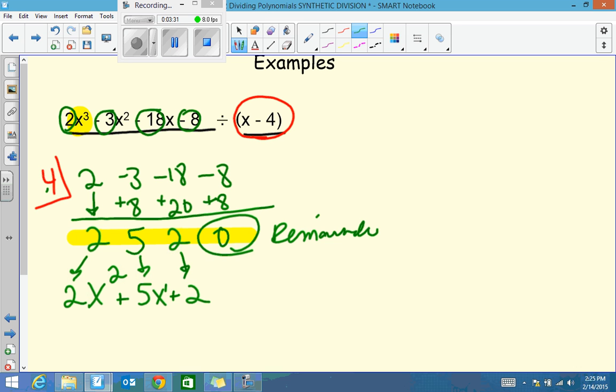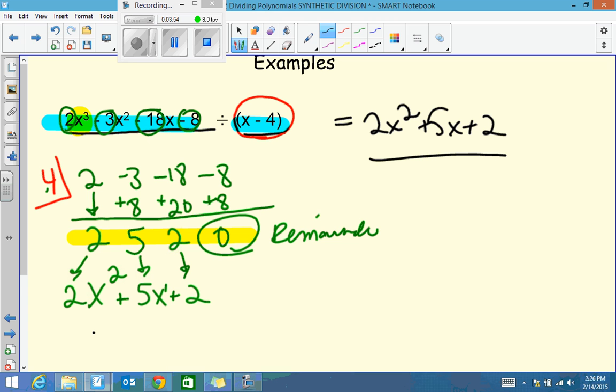So what we have is 2x to the third minus 3x squared minus 8x minus 8 divided by x minus 4 equals 2x squared plus 5x plus 2.